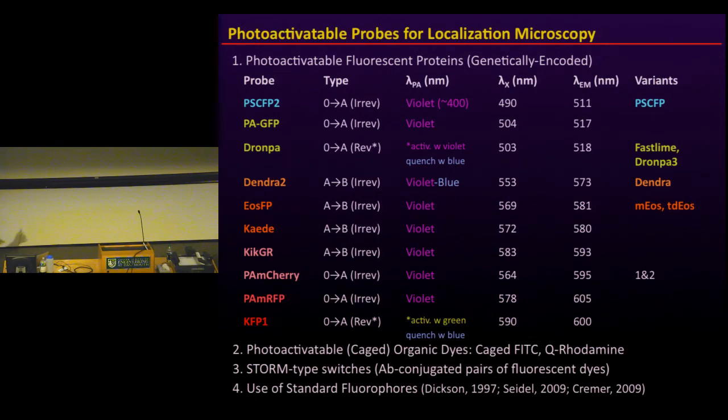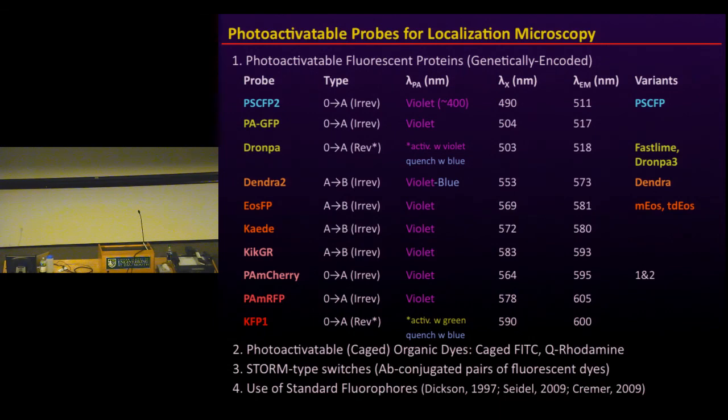You just attach the gene for this protein to your protein of interest and transfect, and the cell does most of the work. Notice that a lot of these are dark to bright, and then a good group of them are one state to another, photoswitchable. And in particular, these orange and red fluorescent ones are good for cell imaging because they avoid a lot of the cellular autofluorescence, and they also give out lots of photons before bleaching.